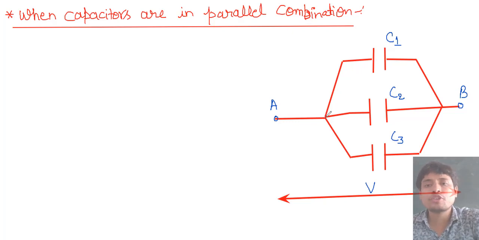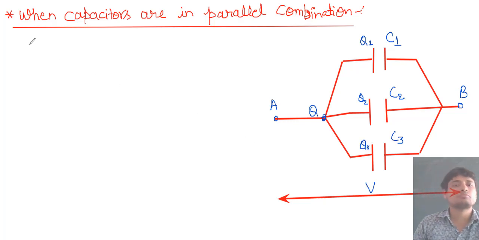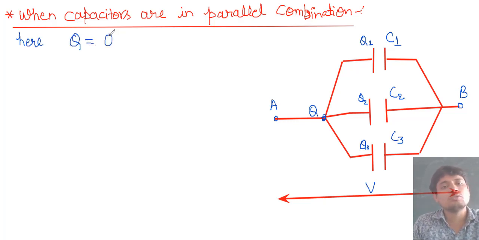Now if Q charge is distributed from point A, it will be distributed like Q1, Q2 and Q3. Here the total charge Q is equal to Q1 plus Q2 plus Q3.